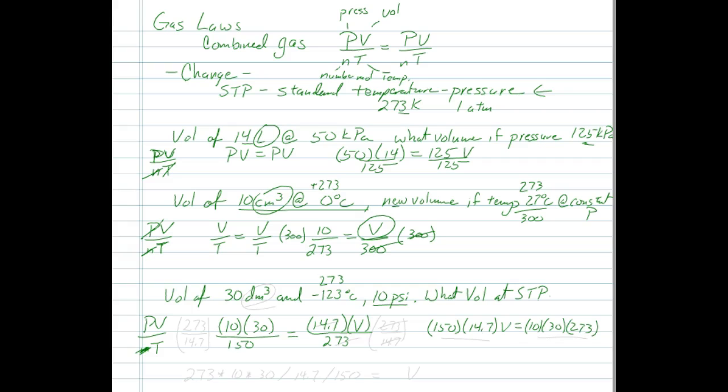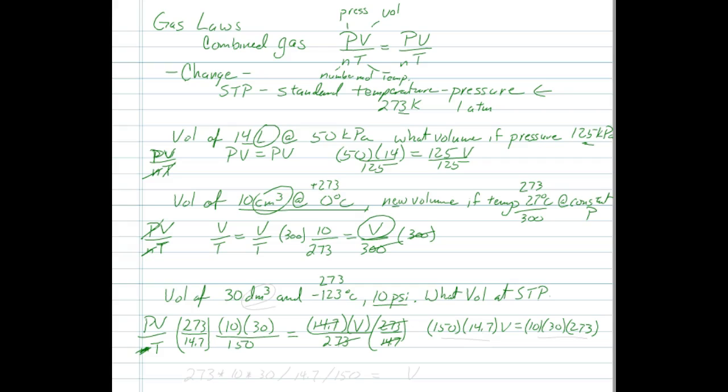But it might be quicker, especially if you have calculators, to multiply by the reciprocal. 14.7 over 273 becomes 273 over 14.7. Those cancel. Multiply on top, divide on the bottom.